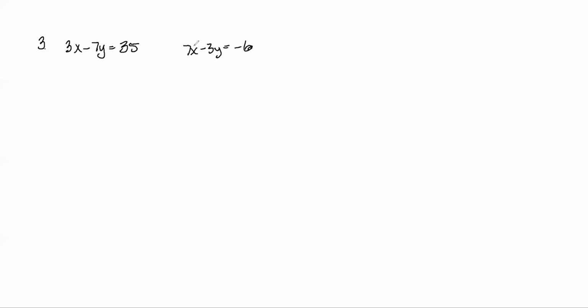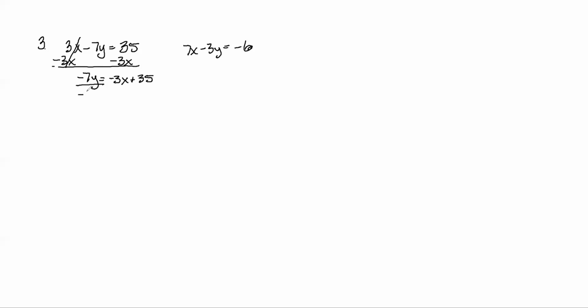Let's solve for y and see what we can see with their slopes. In this first equation, let's subtract 3x. And so we get negative 7y equals negative 3x plus 35.